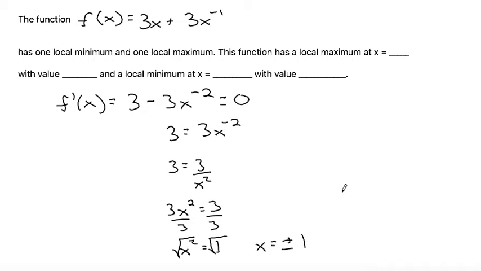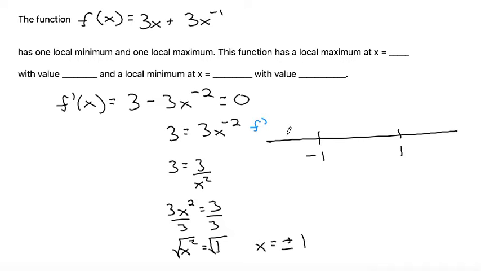So let's draw ourselves a number line and label negative 1 and positive 1. We need to test and see what happens to the derivative in between these regions. If this is our derivative, we need to find if it's positive or negative, because that'll tell us if our function is increasing or decreasing.